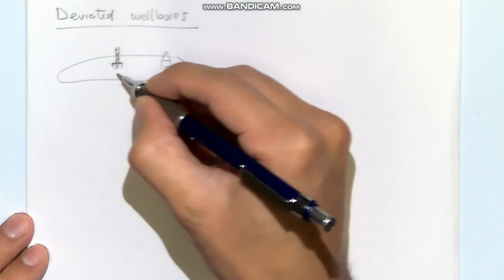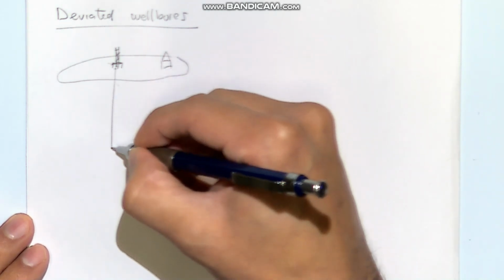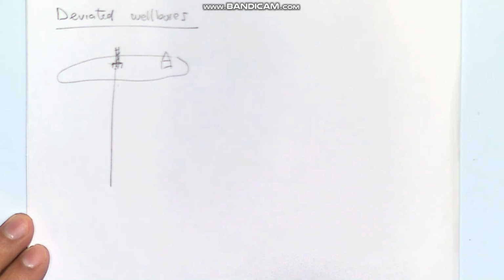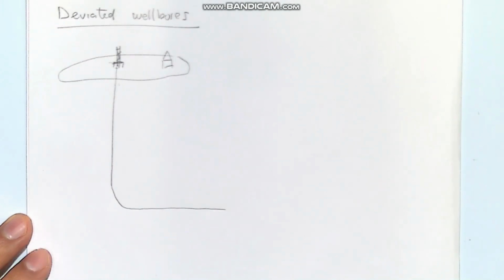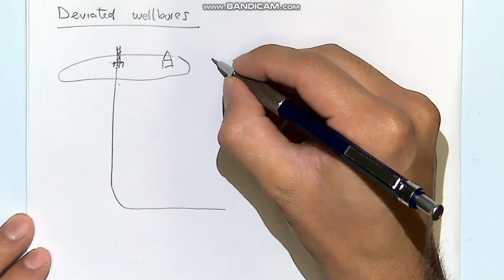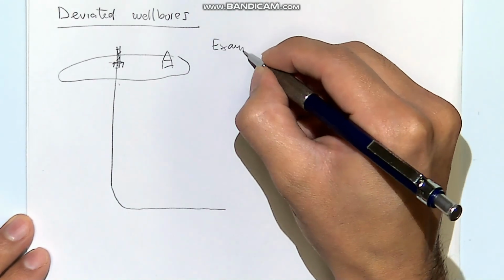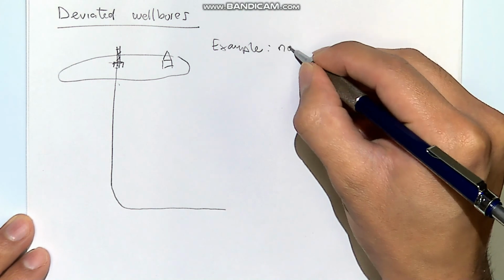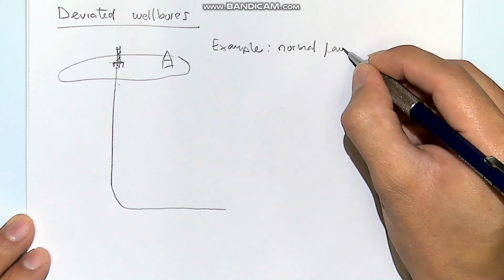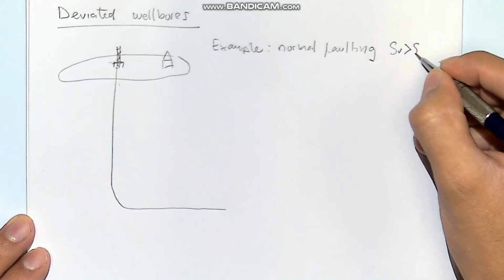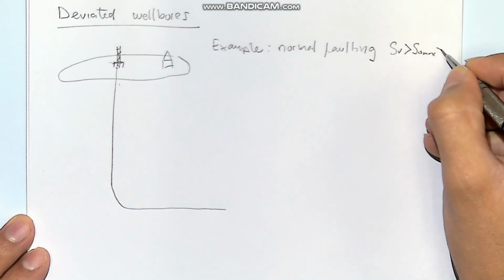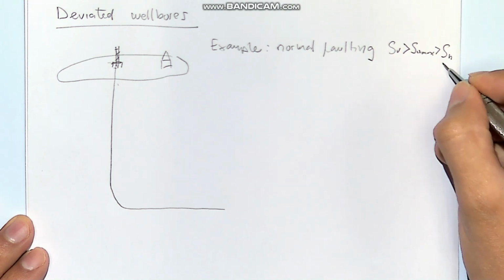So let's say that you drill this horizontal wellbore that starts vertical, and at some point it deviates in that direction. And let's also say that this is an example with normal faulting. So SV is higher than SH max and higher than SH min.